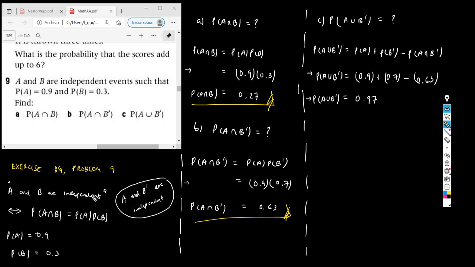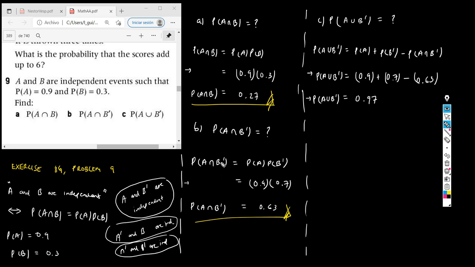The answer is yes. All the combinations. In fact, if you know that this is true, then this is also true, and this is also true. A prime and B are independent, and also A prime and B prime are independent. So all the possible combinations between A, B, and their complements are all independent.